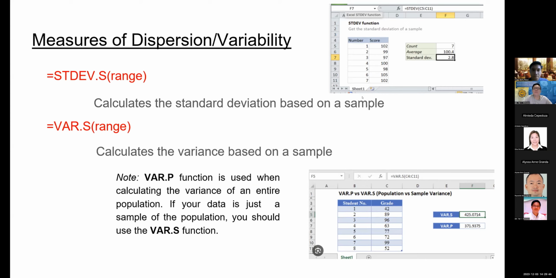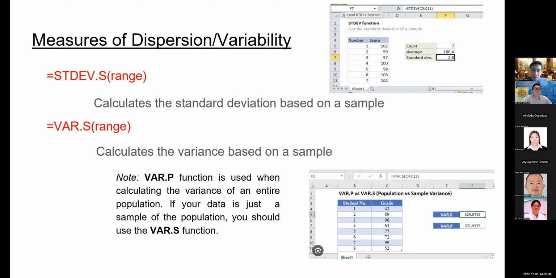So, we also have functions that we can use to measure the measures of dispersion or variability. To start, we have the function equals STDEV.S for calculating the standard deviation based on a sample. We also have VAR.S, and then we select the range.